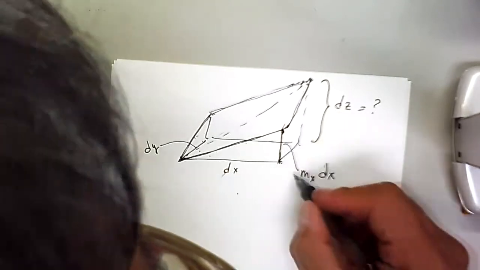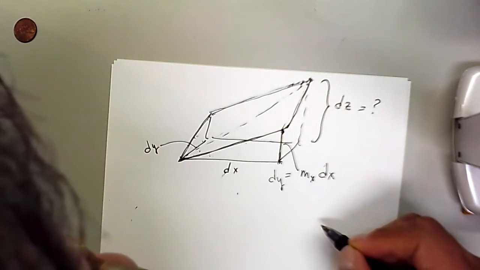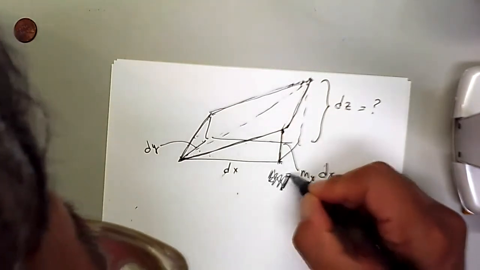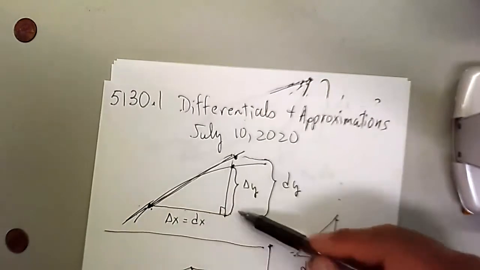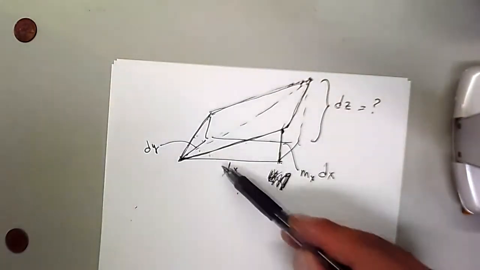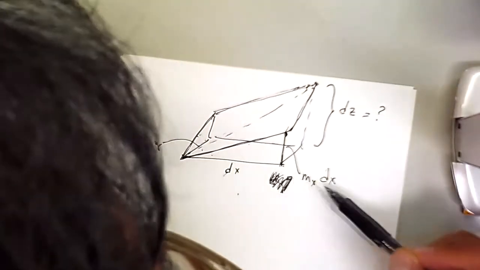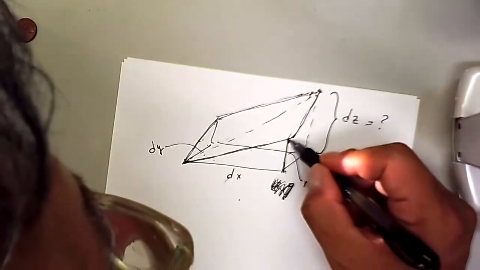Sorry, I said dy, and that was wrong, because I was confusing the two-dimensional case with here, where the x and the y are independent, so dy is not part of dx. So m sub x dx, that's this distance.